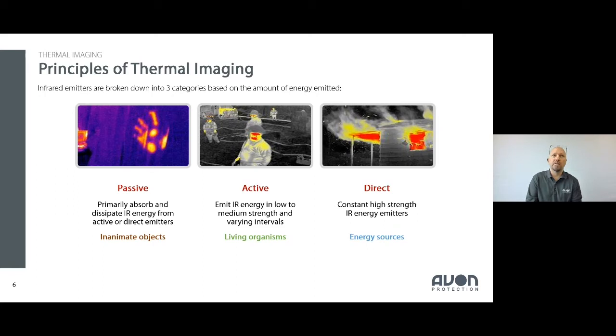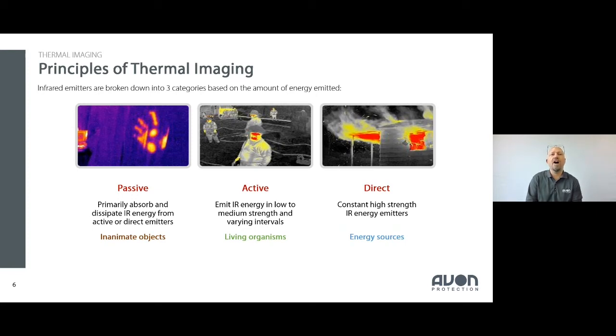The middle picture we see there is active. Active infrared energy is a medium level of infrared heat, and it's emitted by living things, so people, animals, myself, and you can see these very clearly.